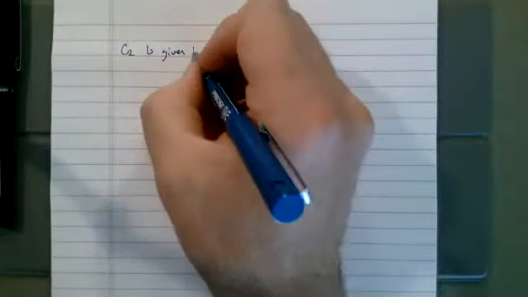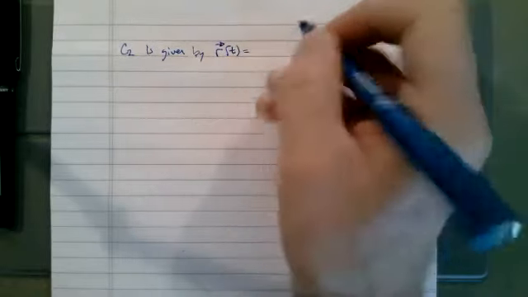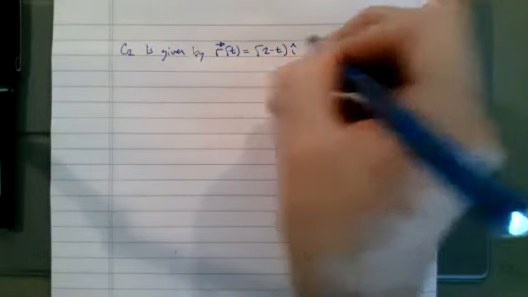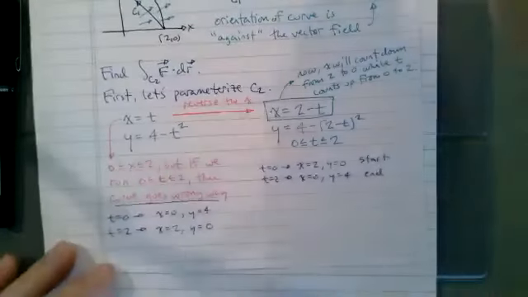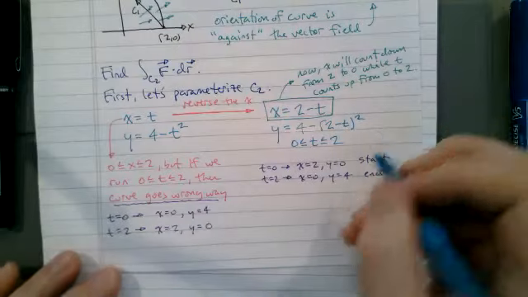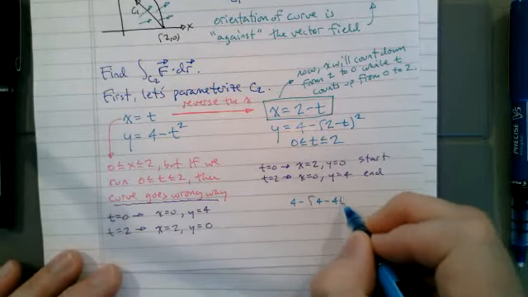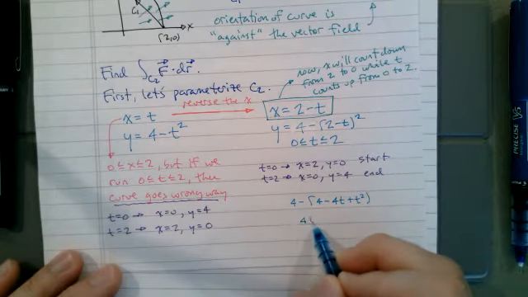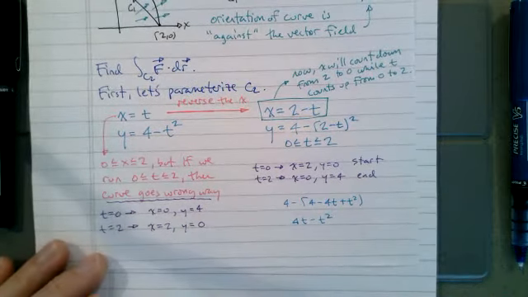C2 is given by this vector r of t. The x is 2 minus t, i, and the y is, I'm going to clean this up a little bit. So 2 minus t squared, we have 4 minus 4t plus t squared. So 4 minus 4 cancels out, so we'll have 4t minus t squared. That cool? Just hit this with the algebra stick.